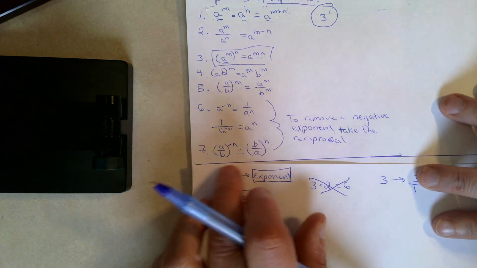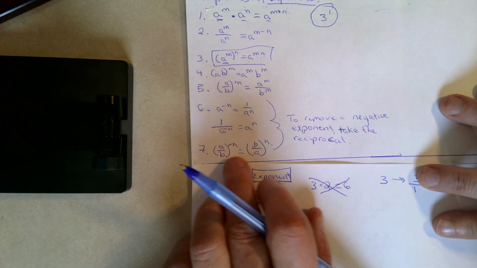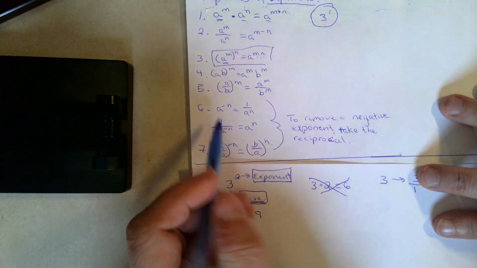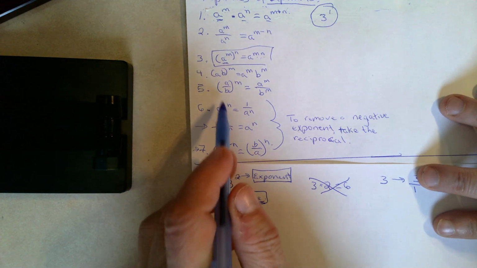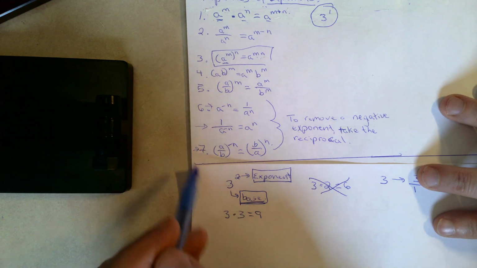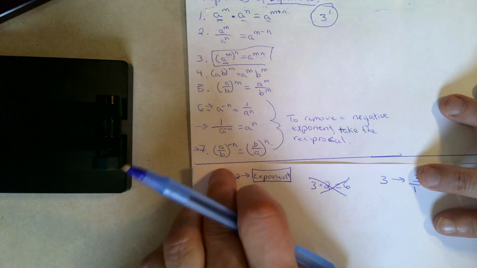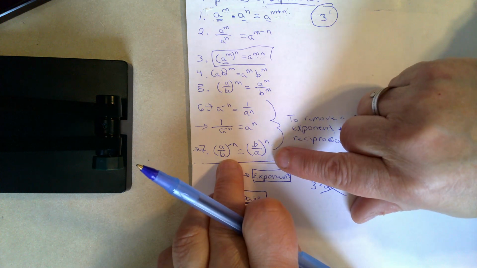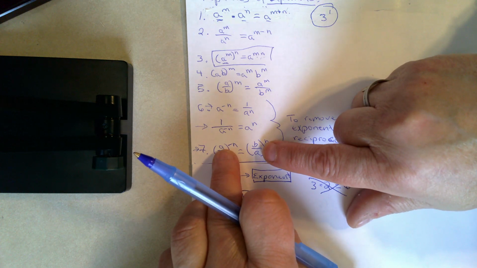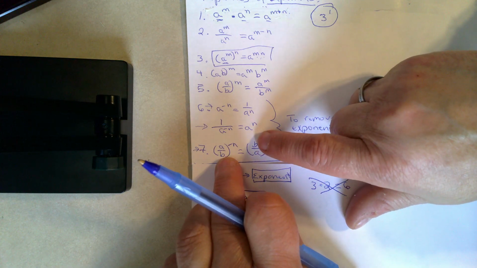Now, if you have two different numbers going on here, and this is really what happened in number 6 versus number 7, all you do is flip the fraction around. See the difference? A is now the denominator over here, B is now the numerator over here.